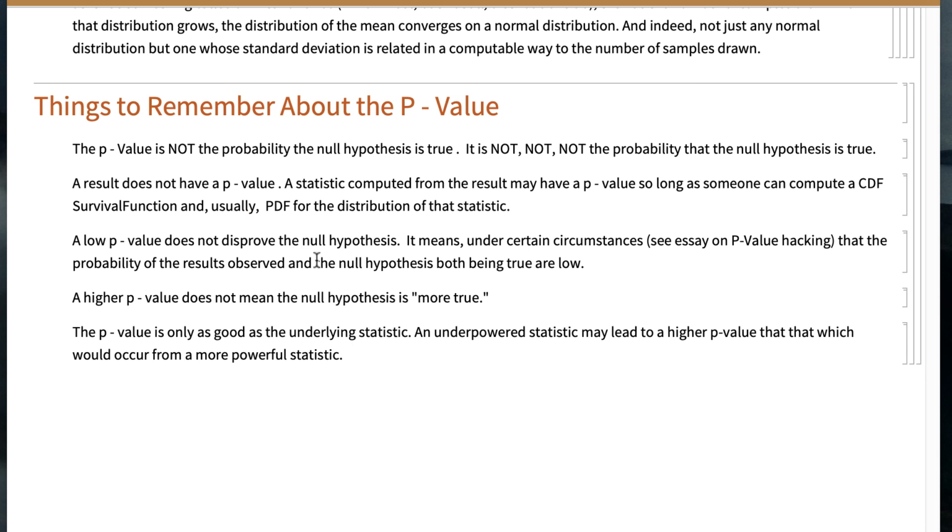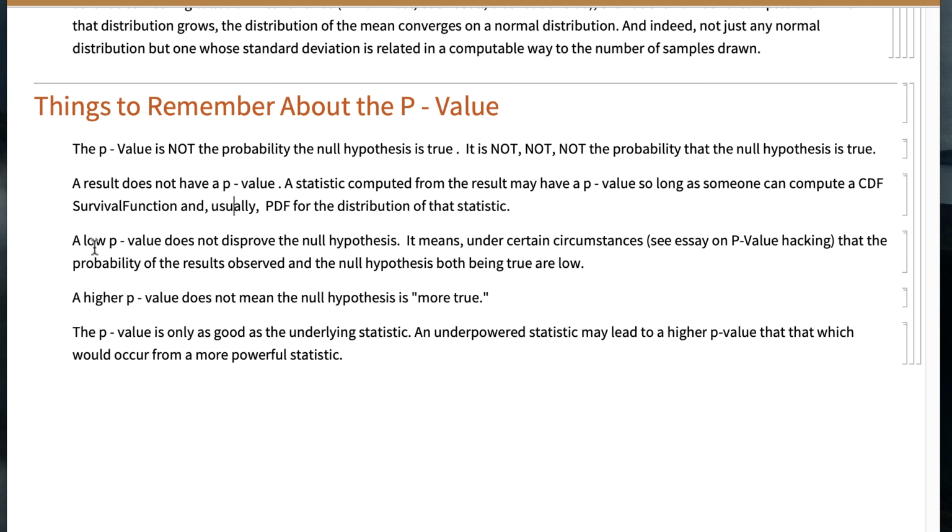It means that under certain circumstances, the probability of the results observed and the null hypothesis both being true are low. And when we discuss p-value hacking, we're going to see how you can depress a p-value to make it look significant when in fact it really is not.